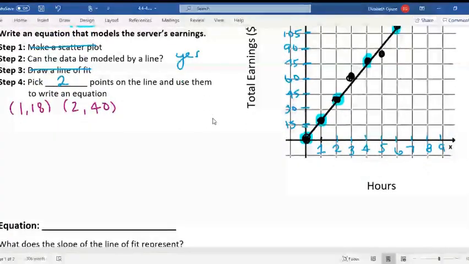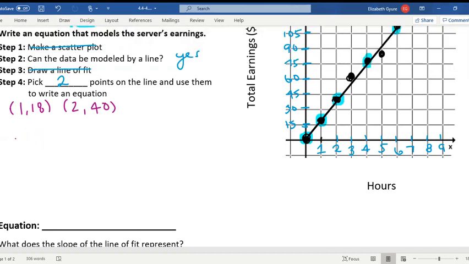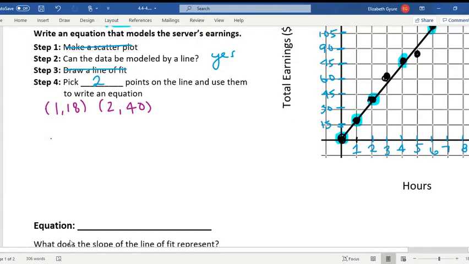So remember, when we find our slope, we do m equals y2 minus y1 over x2 minus x1. Sorry, it's being really glitchy.